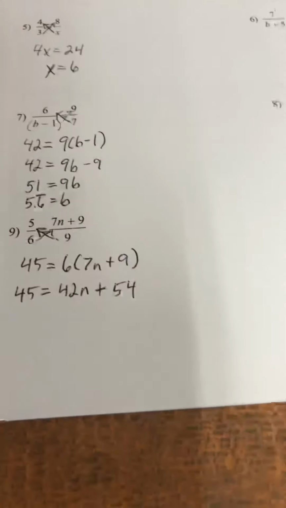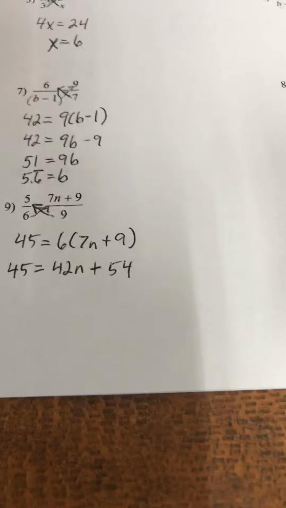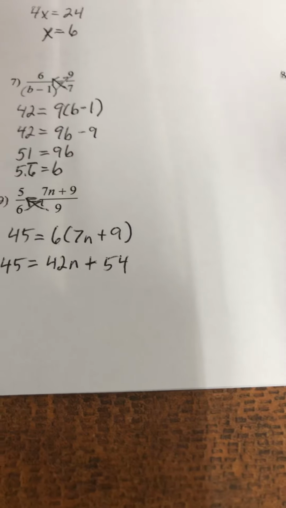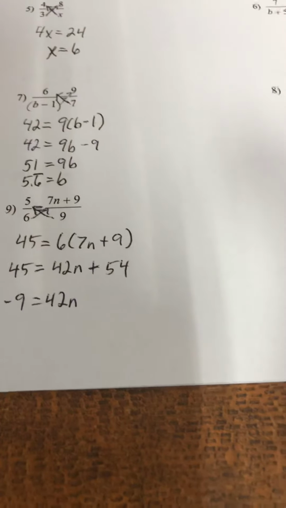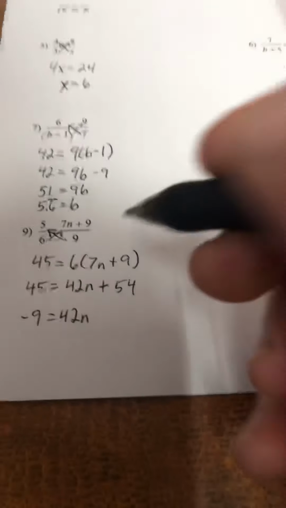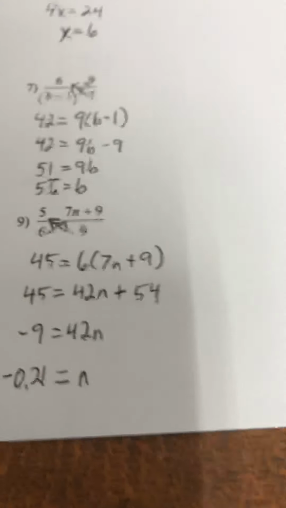I'm going to subtract 54 from both sides, so 45 minus 54 gives me negative 9 equals 42n. Negative 9 divided by the 42 gives me a really ugly number, negative 0.21, and it goes on and on, irrational number.